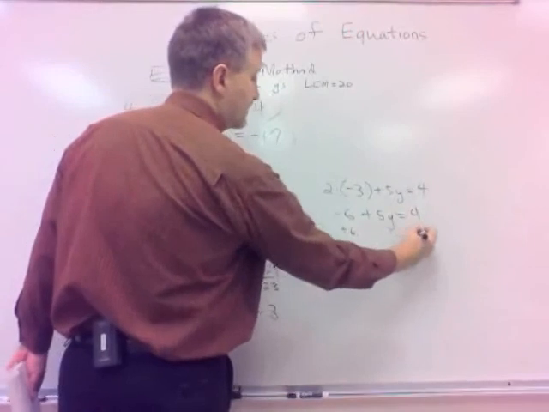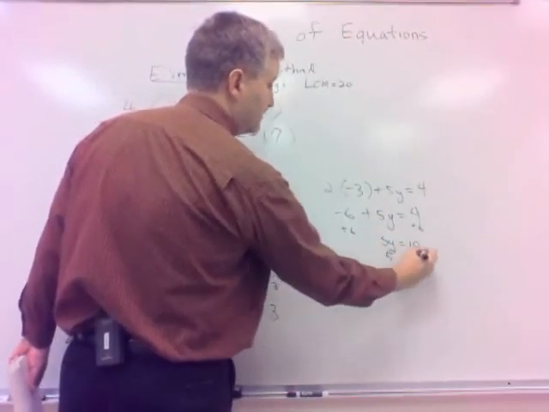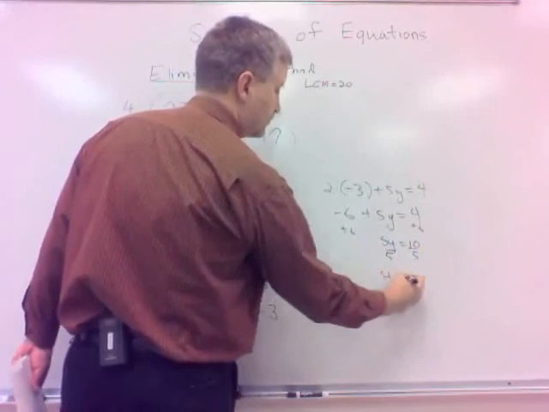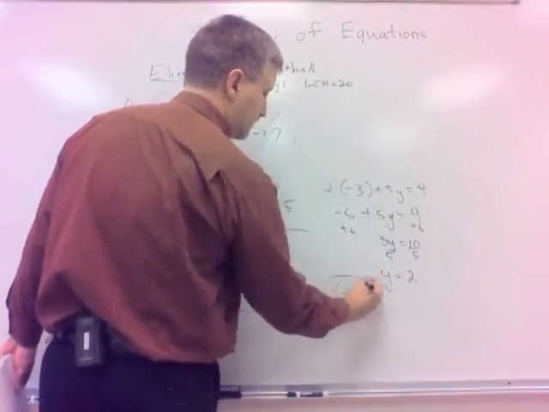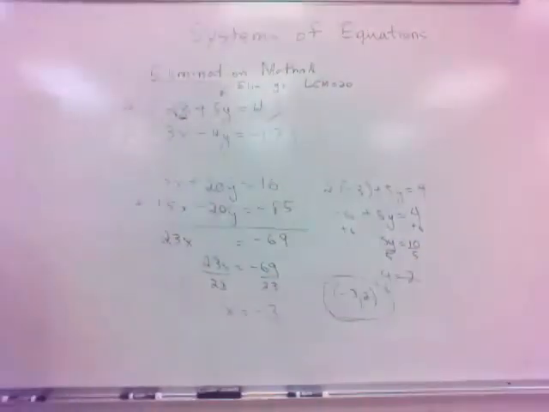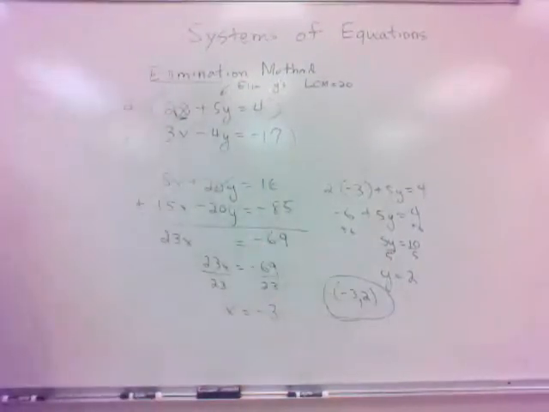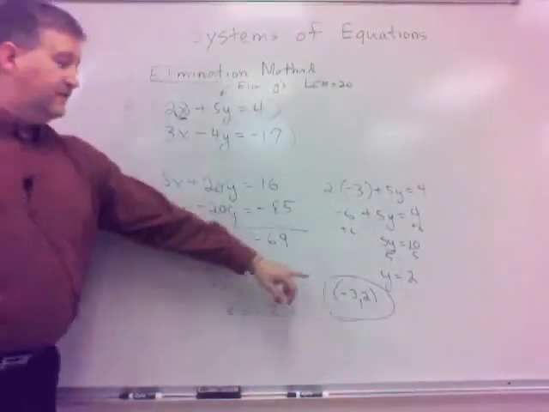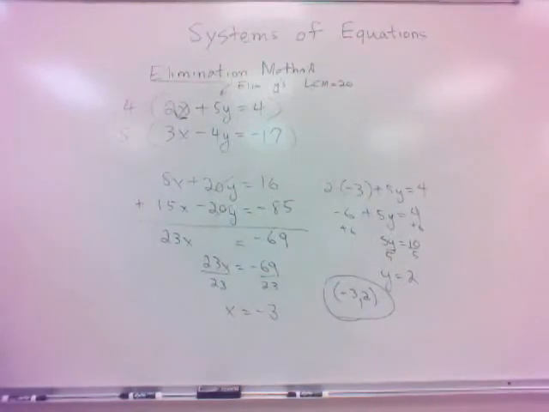Add the 6 and divide by the 5. I get y to be 2. Yeah, so there's our solution. The ordered pair that would work in both. I didn't check the other one, but it would indeed work in both.